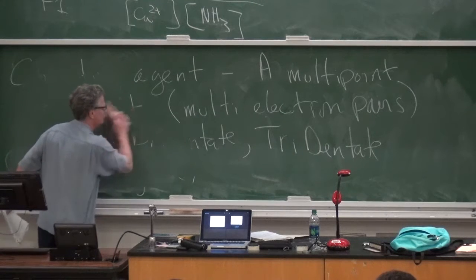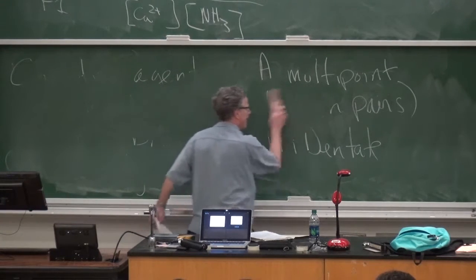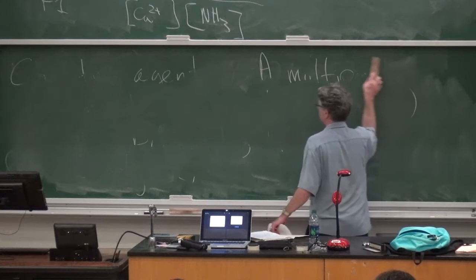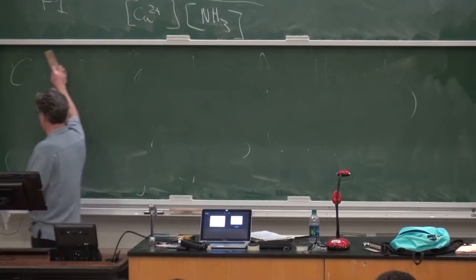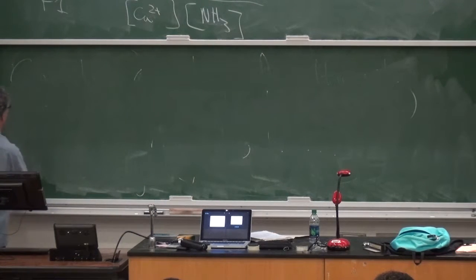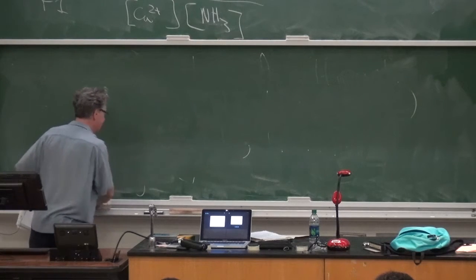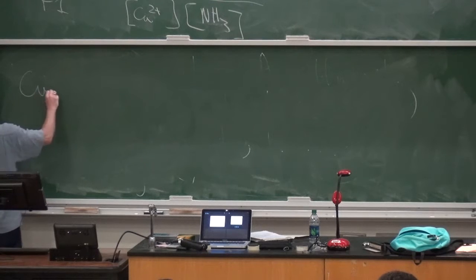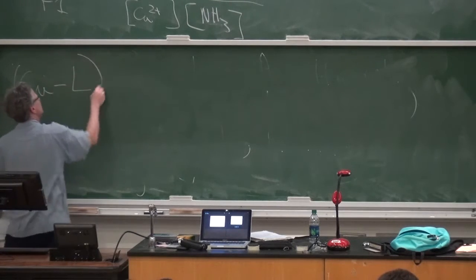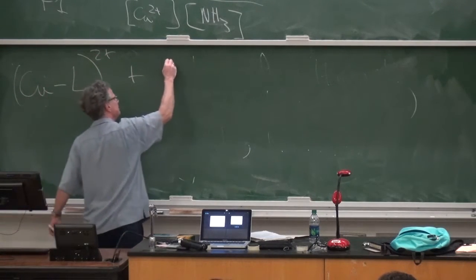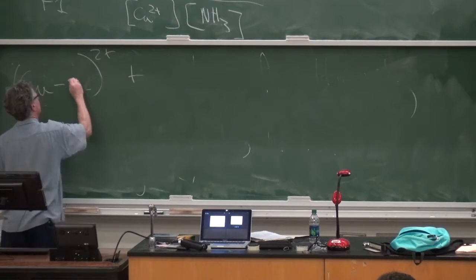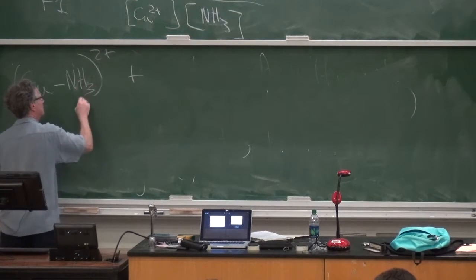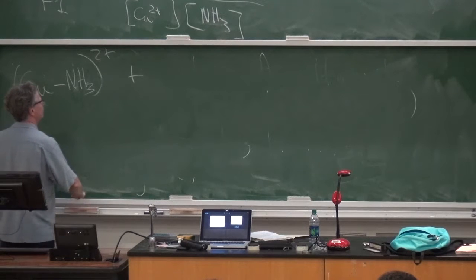Now, we need to point out the confusion that 19th and early 20th century chemists encountered. If you then took that mixture and added some more ligand, or ammonia, you could in principle take that monoamine complex. Okay, I'm going to switch from now on.